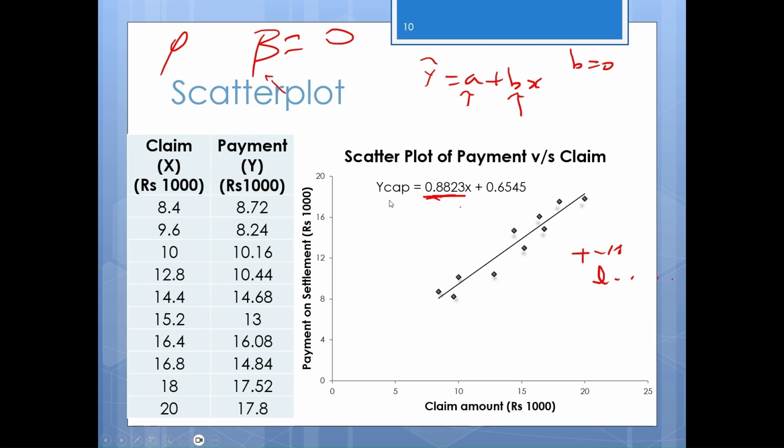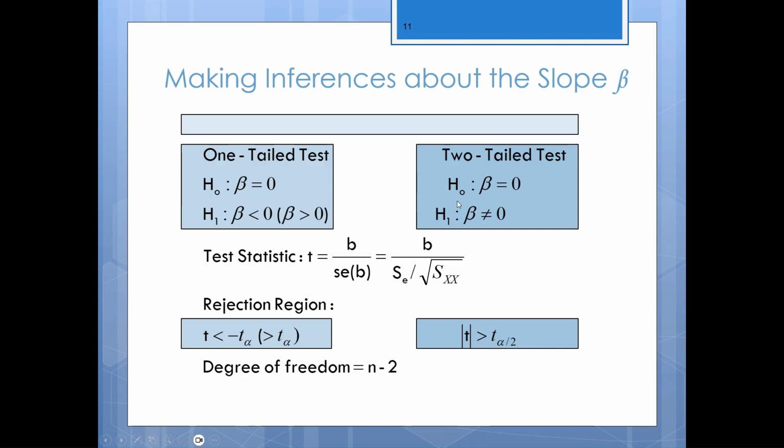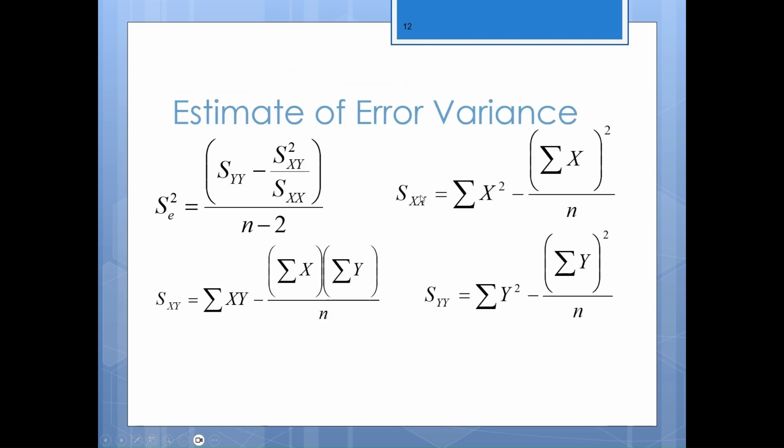If I say that, without specifying whether it is positive or negative, then obviously you will use the not equal alternative hypothesis. Is there a significant positive linear relationship? Then you will use beta greater than 0 as the alternative. Otherwise, it would be less than 0. That's what you will have to do.